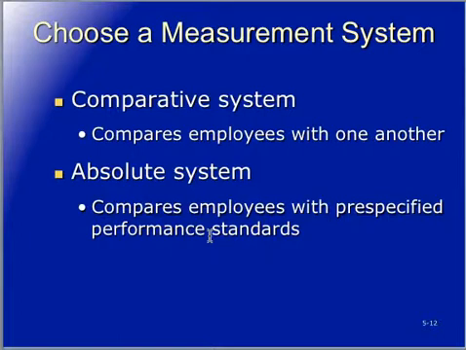Maybe you've seen positive behaviors in that project and you want to see them again in this next project. Okay, so an absolute system already has these standards for behaviors put in place, whereas a comparative system, you're simply comparing employees with each other.